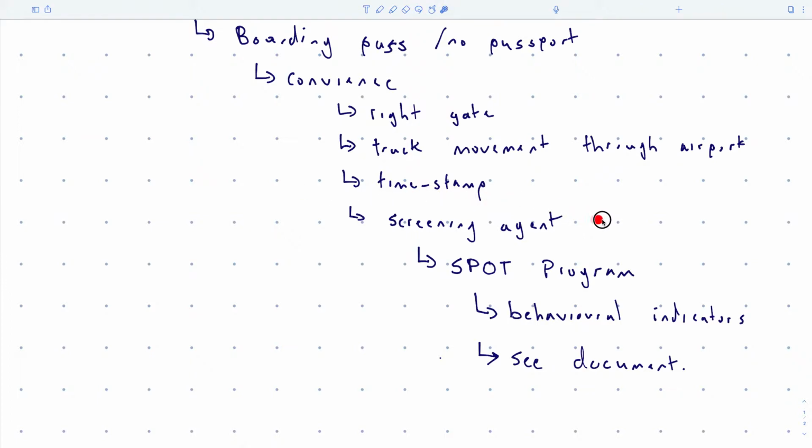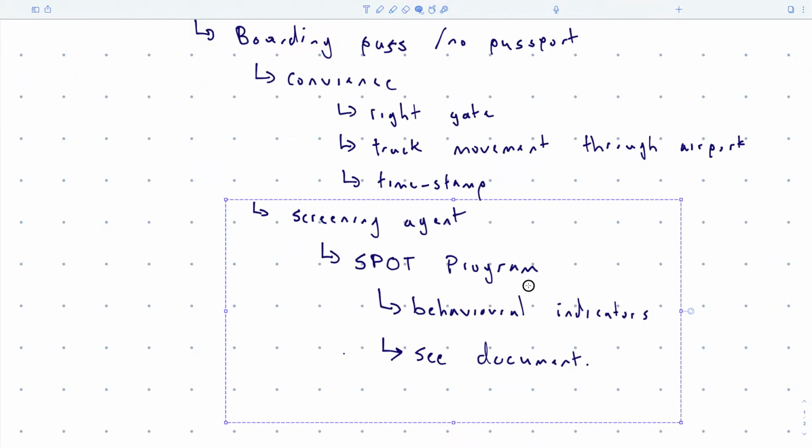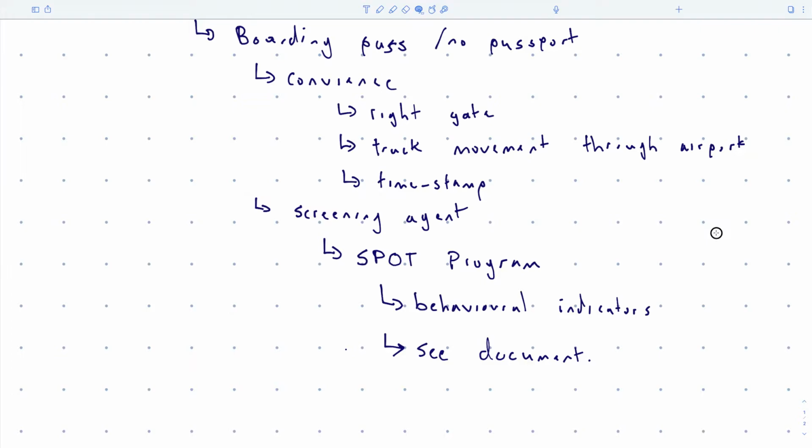But then there is a secondary purpose to it, which is that they're actually going to try and screen you here. The details of a program that was implemented in the USA, so not necessarily in Canada, was called SPOT. I showed you last time some of the things that they use. So it's a scoring-based system.